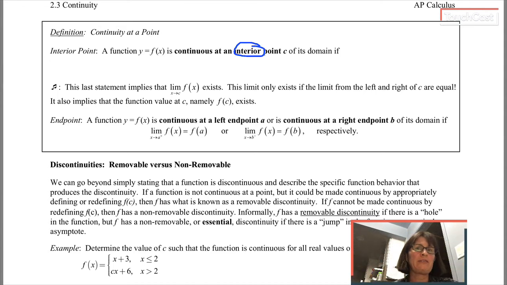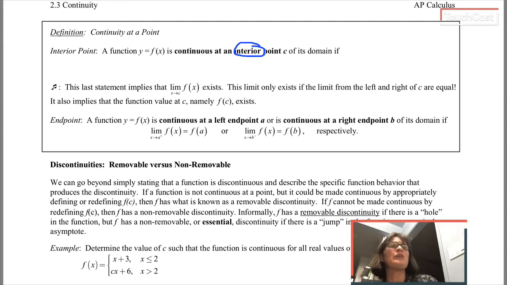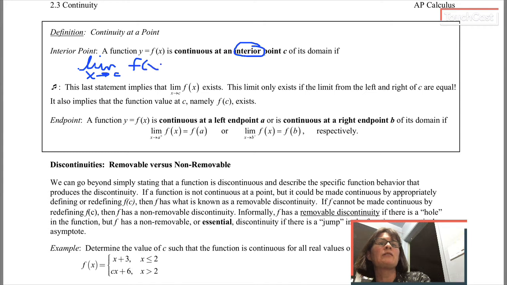Okay, so formal definition: a function is continuous at an interior point c if the limit as x approaches c of f of x equals f of c.